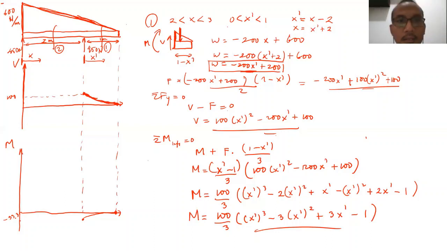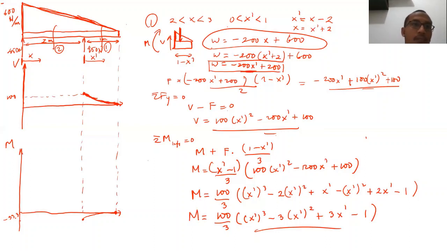And then the next thing that we're supposed to do is the second cut, for x equal to 0 until x equal to 2 meters. For that particular problem, I will use this equation.